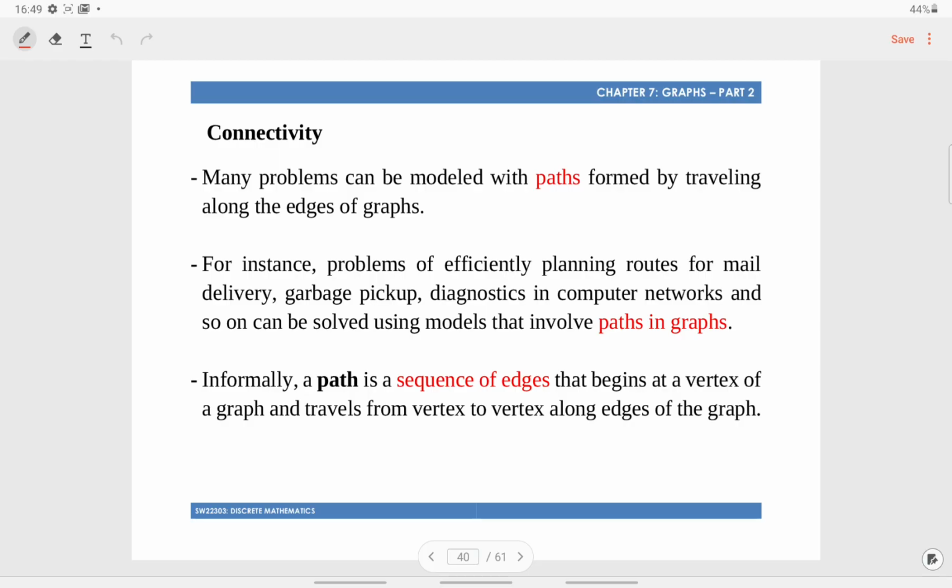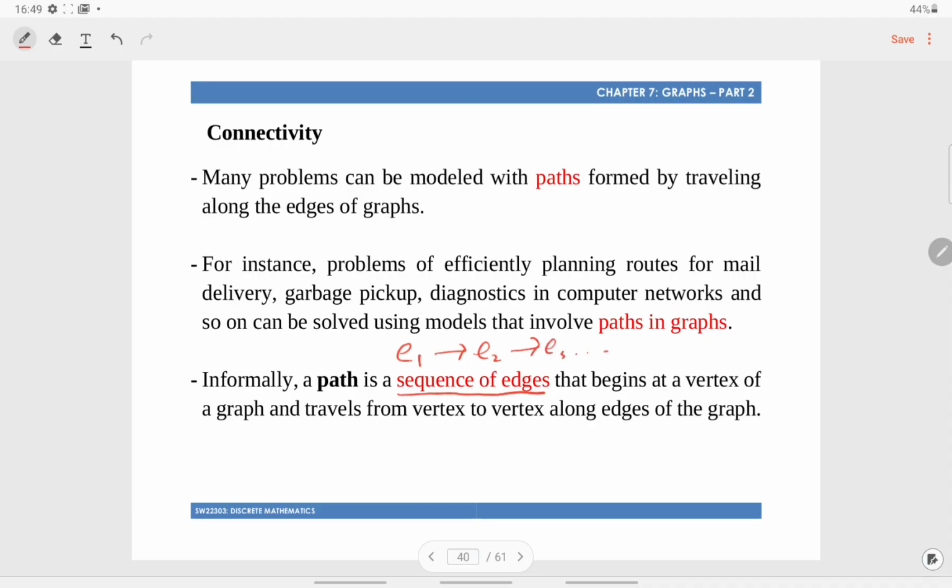Informally, a path is a sequence of edges. A sequence of edges means we have several edges formed in sequence. For example, we start with E1, move to E2, move to E3, and so on.